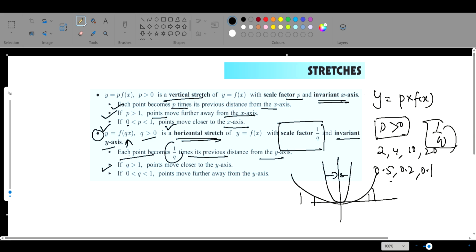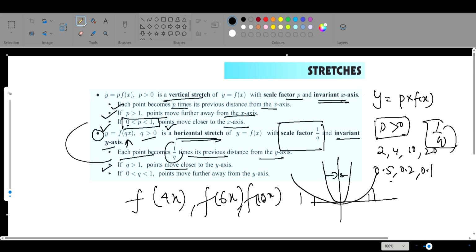Each point becomes 1 by q times its previous distance from the y-axis.